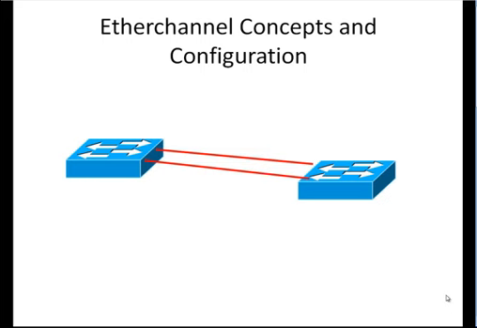So that's the benefit of using Etherchannel, because it's not like if I have, for example, in this link 100 megabit speed on both links, if I bundle these 2 links, it doesn't mean that I'm gonna have a 200 megabit speed link.